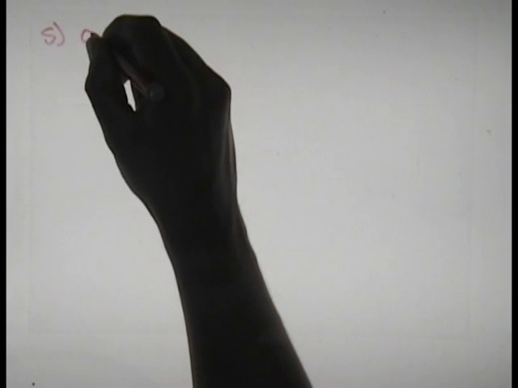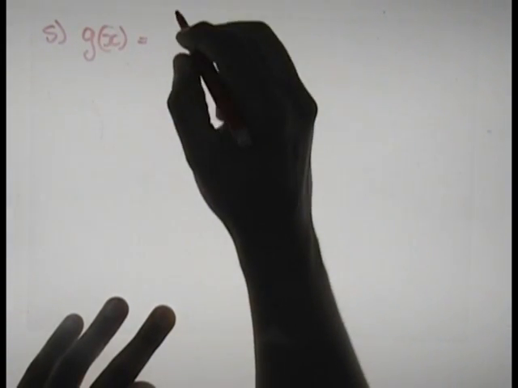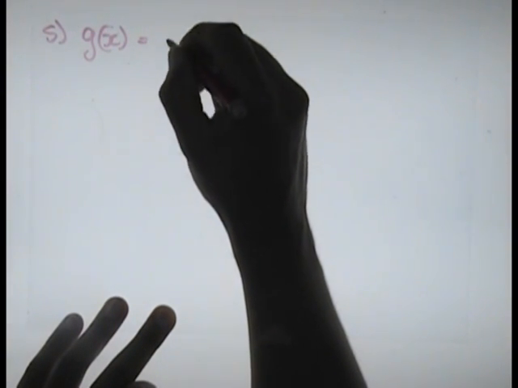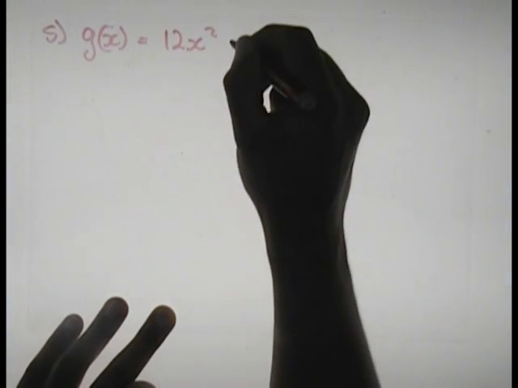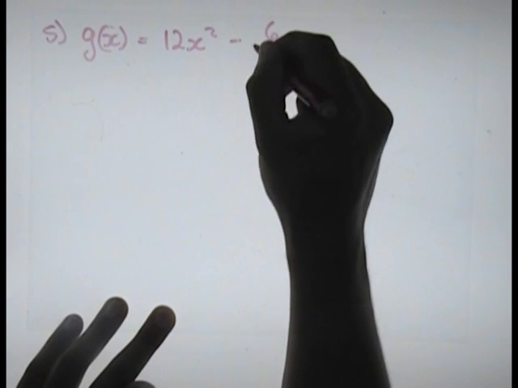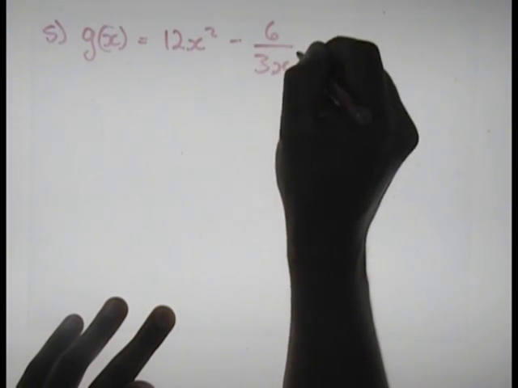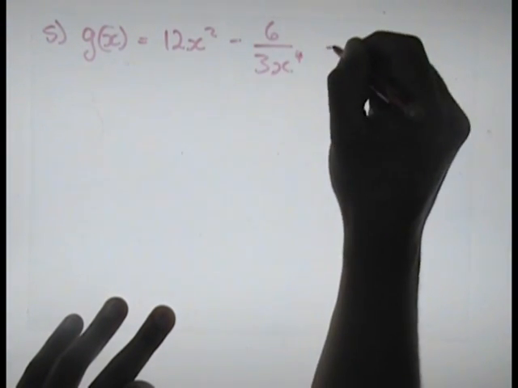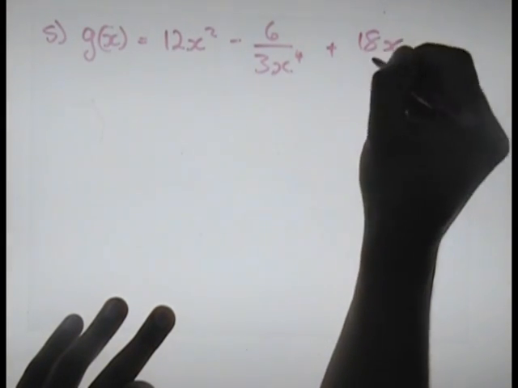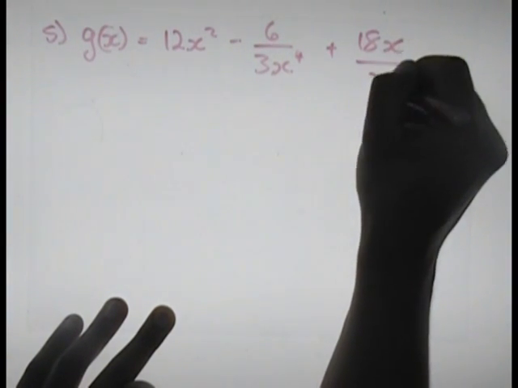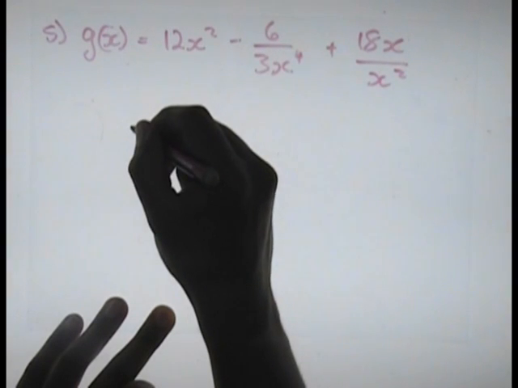The fifth one that I gave you to do read g of x is equal to 12x squared minus 6 over 3x to the power 4 plus 18x over x squared.